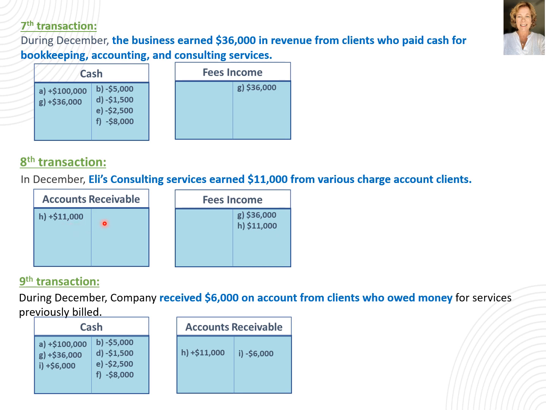In order to reduce the accounts receivable, we would have to decrease it with a credit of $6,000, and our cash increased. Cash increases because it's an asset with a debit. So $6,000 debit to cash and a credit to accounts receivable for $6,000.